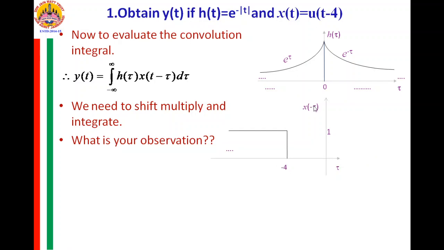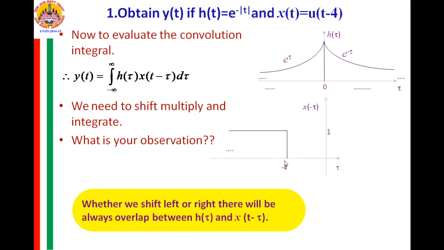Now when t is equal to 0, this overlapping is up to minus 4. So if I shift left or right, either side, you will observe that these two will always overlap from minus infinity onwards up to this end of this x of t minus tau.